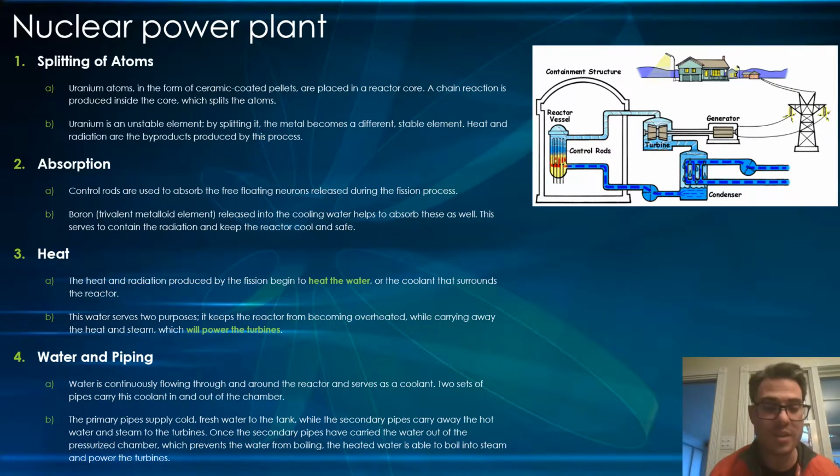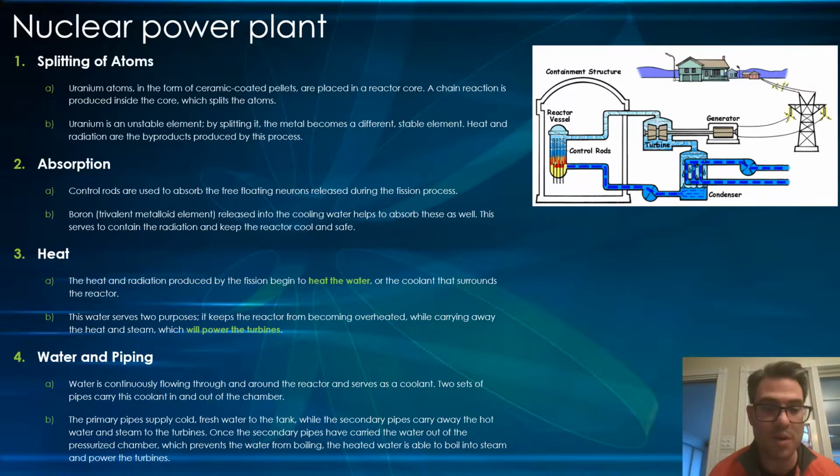The last thing is the water and piping, and if you look at this animation, you can see water moving all over through here. The continuous flow of water around the reactant helps keep it cool. Keeping it cool is really critical, again, as part of the safety, and it allows movement of energy in and out of the chamber.